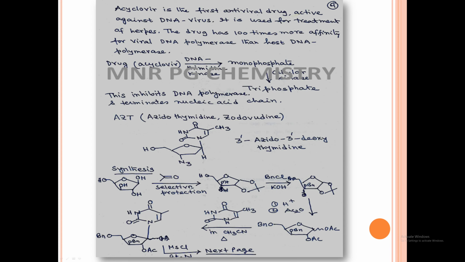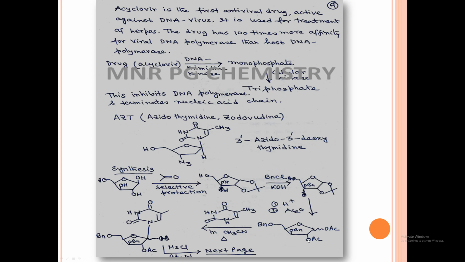There also benzylation will happen, and when it is subjected to hydrolysis, deprotection will happen for the acetal, and for the benzyl group nothing will happen. So when it is subjected to acetic anhydride, acetylation will happen at the C1 and the second position.